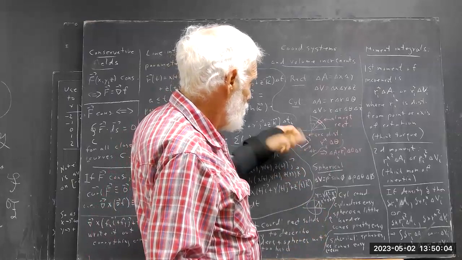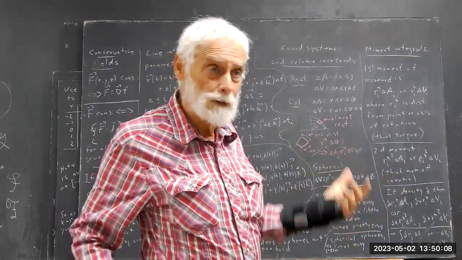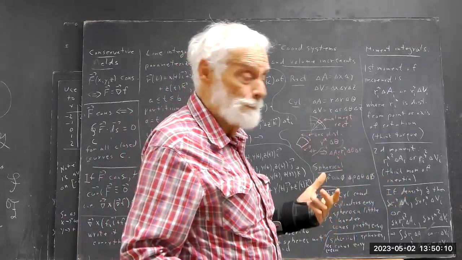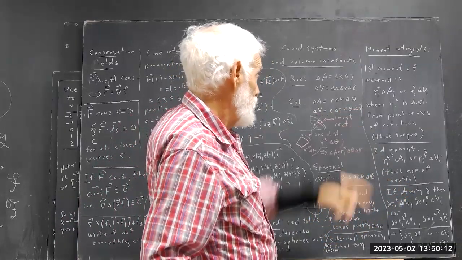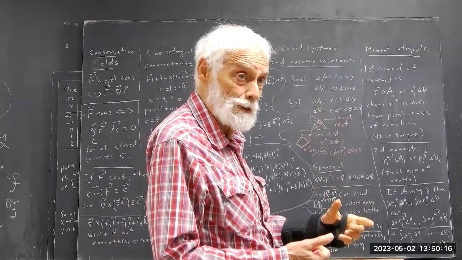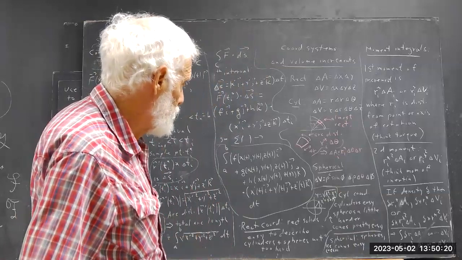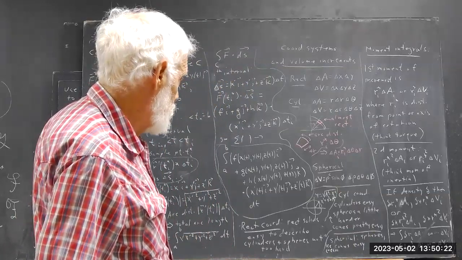Your delta v in cylindrical coordinates: here you now have some delta z up here, which you can use as an approximation, and just multiply by the area, the two dimensions. Spherical coordinates. I don't have a good picture of this.